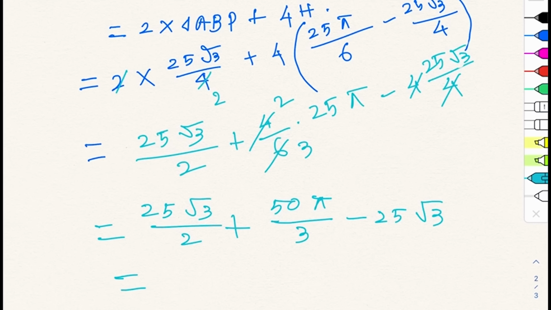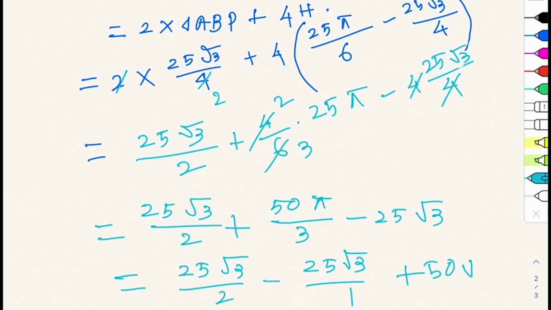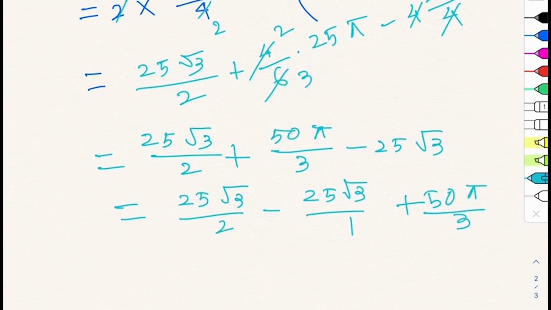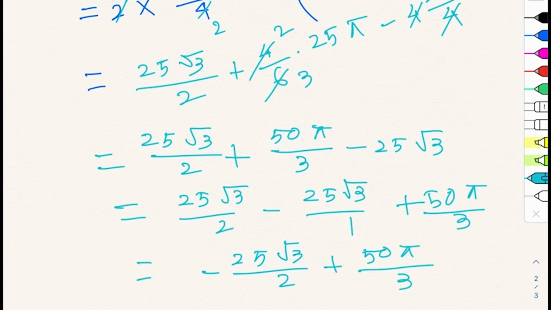So 25 root 3 by 2 minus 25 root 3 plus 50 pi by 3, that means 50 pi by 3 minus 25 root 3 by 2. That is the answer of the given area.